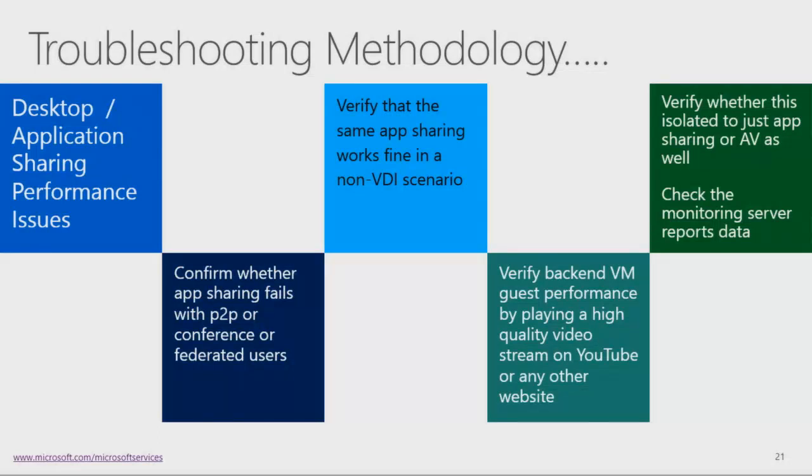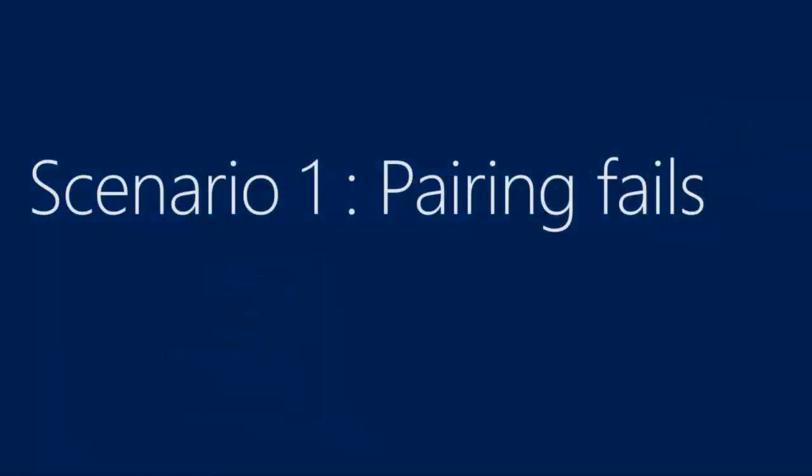Because for desktop sharing, as Lester mentioned in his slide, the desktop sharing traffic is between the remote machine and the other endpoint. It's not between the local machine. So checking the bandwidth on the remote machine actually helps with that. With this knowledge, let's dive into scenario 1 and go deeper into the logs.